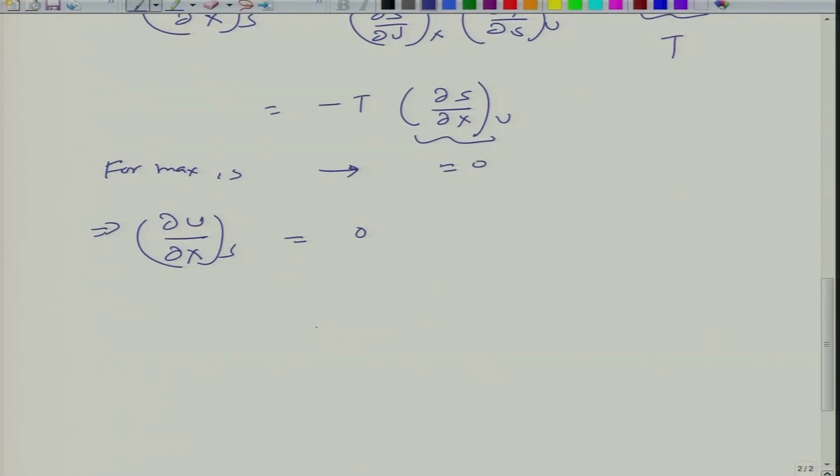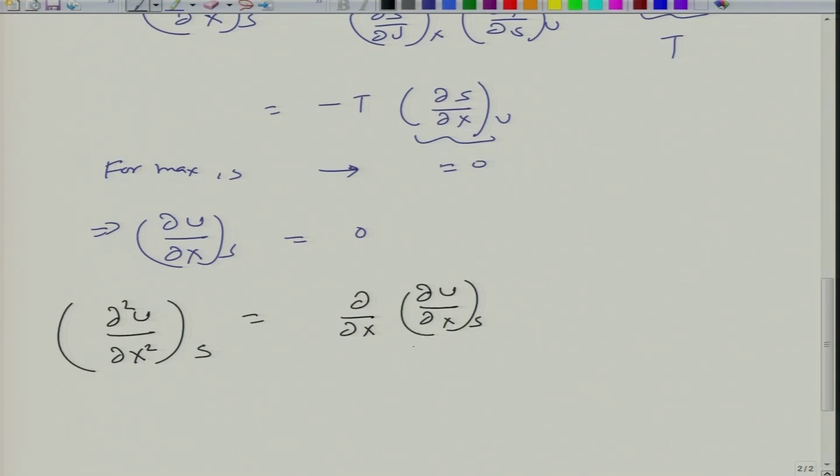Let me also get the second derivative. For the second derivative, we have to prove that for minimum U, this should be positive. How do we do that? Let us first start with the expression. We want this to be evaluated. Let me break this again: del U by del x.